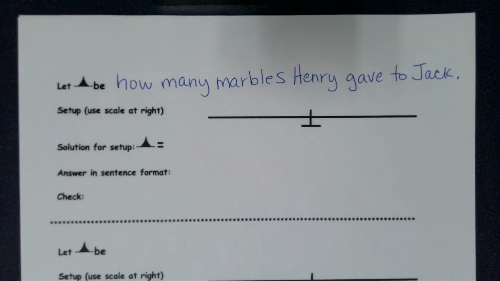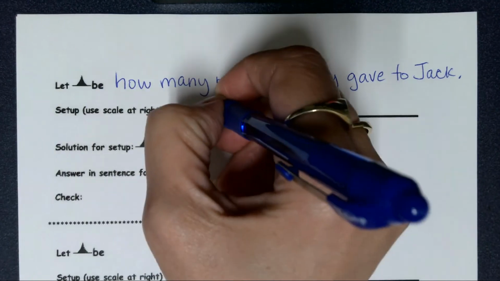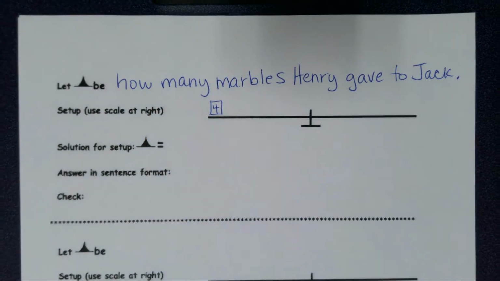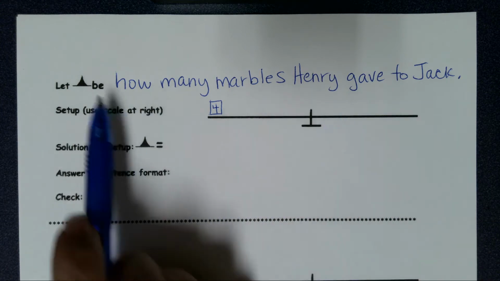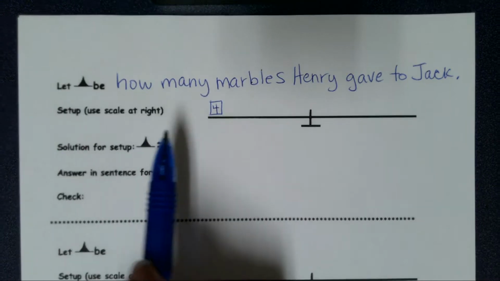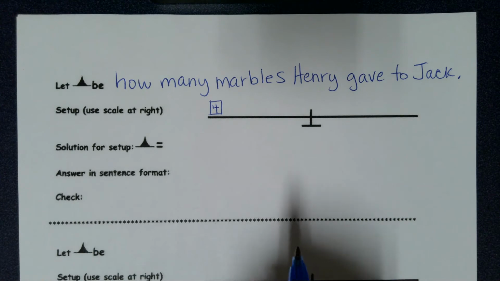So let's set this up. Jack had 4 marbles. So we know exactly how many he had, so I'm going to put a cube with the number 4 on it. His friend Henry gave him a few others. Henry has 3 times as many marbles remaining as he gave to Jack. So the number of marbles Henry gave to Jack is our pawn, and the number of marbles that Henry has left is 3 times that.